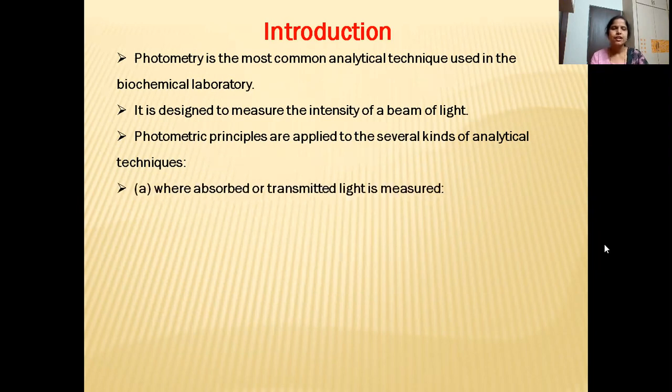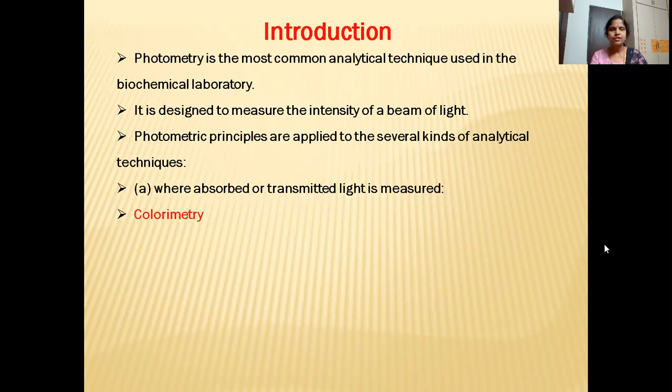So here, when we are talking about the interaction of the light with the sample, when the light hits the sample, what happens is the light gets absorbed or it may get transmitted. So the sample will absorb the light and also it transmits the light. So we can measure both the absorbed light or the transmitted light.